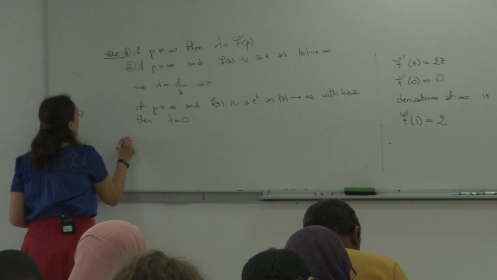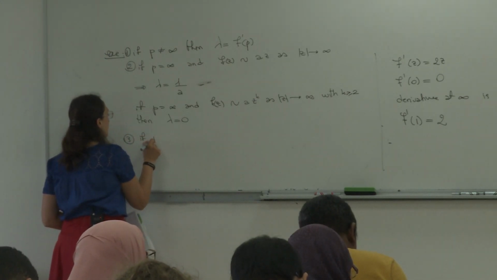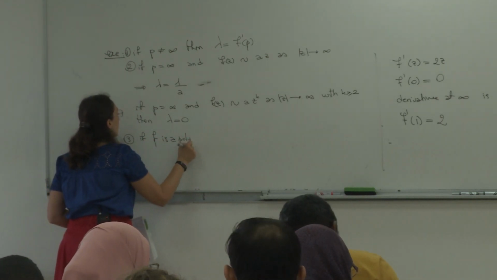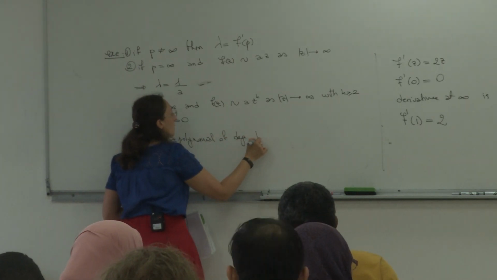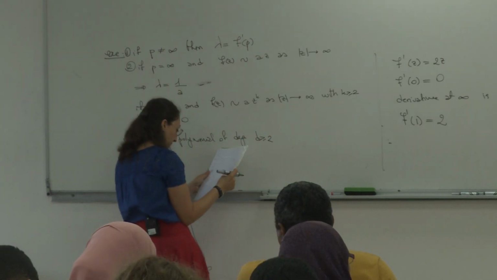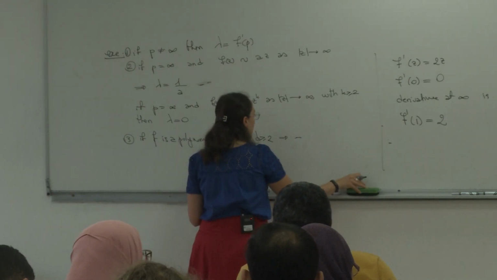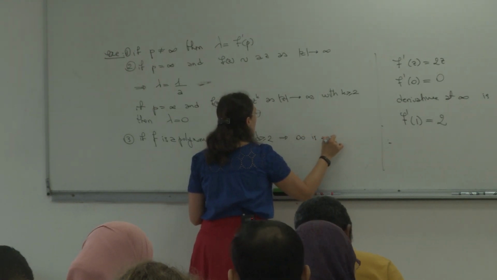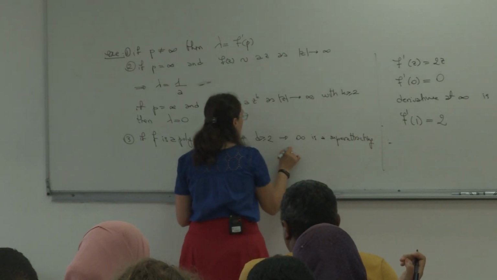And the third thing that you can prove is that if f is a polynomial of degree d at least 2, then infinity is a super attracting fixed point.